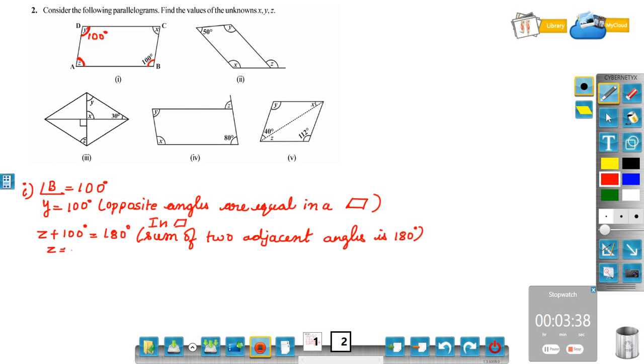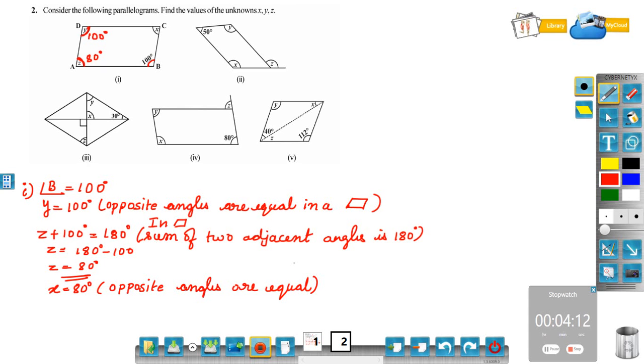So Z is equal to 180 minus 100, that is Z is equal to 80 degree. The angle opposite to A is angle C, that is X. So X is also 80 degree, because opposite angles are equal. Therefore, we found out the measure of angle X, angle Y and angle Z in the first figure.